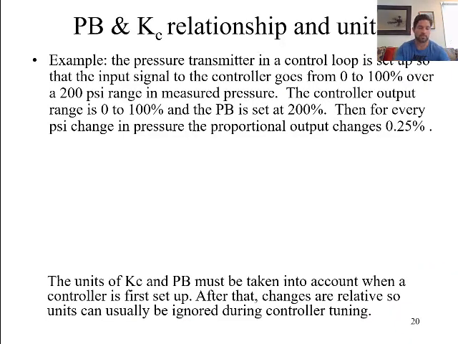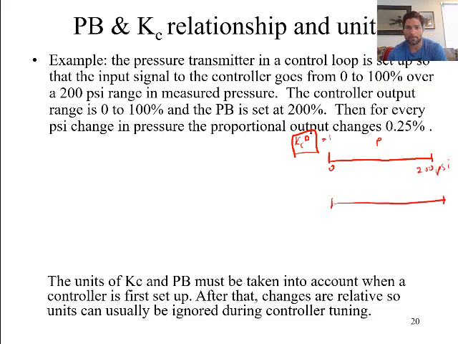An example for the proportional band and Kc relationships is shown here. I want to draw a couple of things on the side. If the dimensionless gain was equal to 1, we would be using the pressure range for this example, 0 to 200 psi, which is the maximum pressure range, and on the controller 0 to 100%.